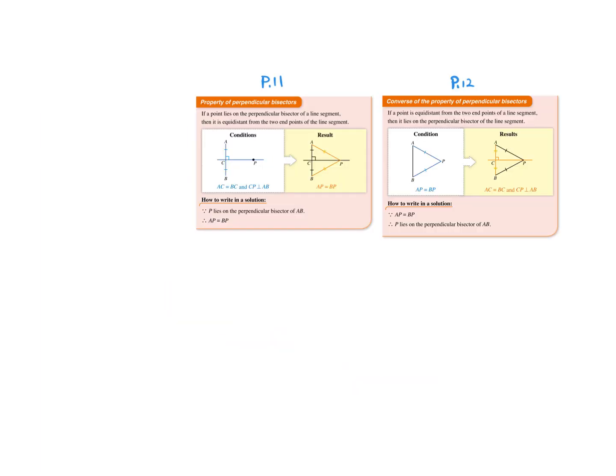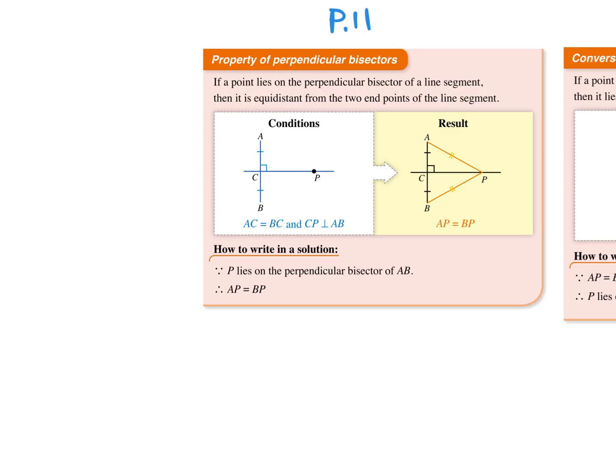On page 11, the property of perpendicular bisectors. Well, if we know that CP is the perpendicular bisector of AB, which is with the equal distance and perpendicular here, then we will have the result that the lines joining A and P and B and P will have the equal distance.